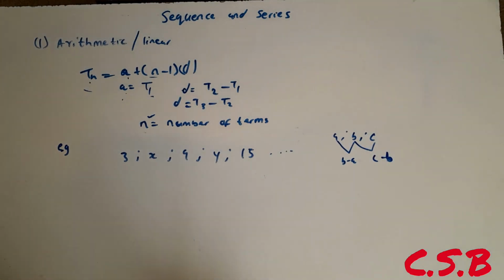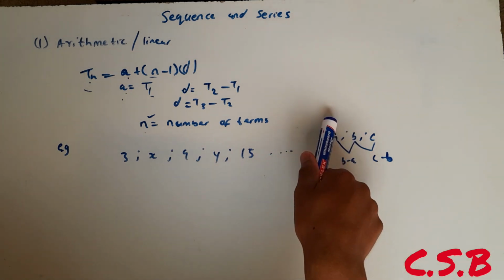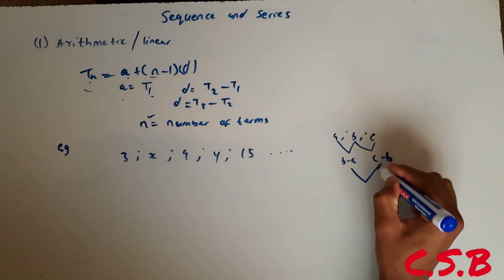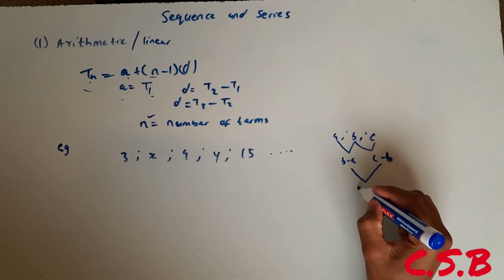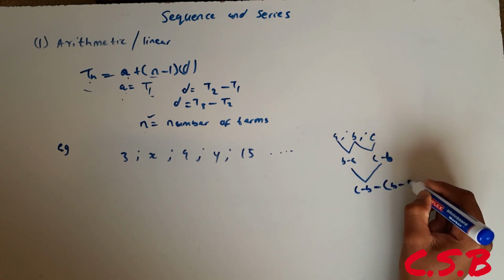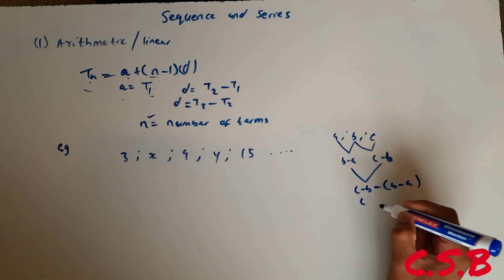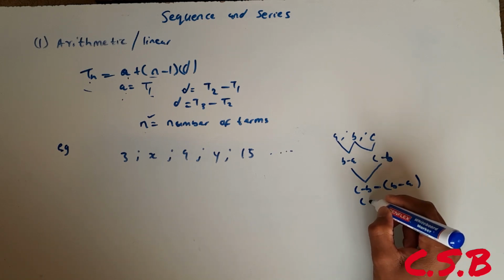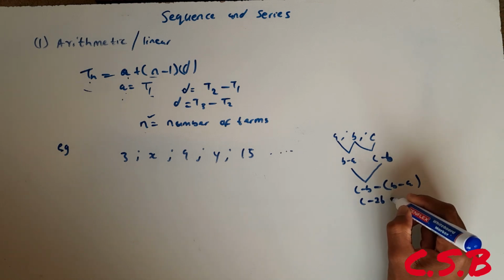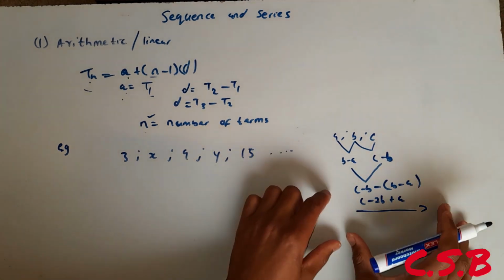So from quadratic to linear, then constant. So your constant will be c minus b, minus b minus a.